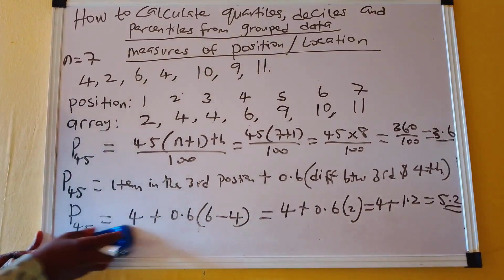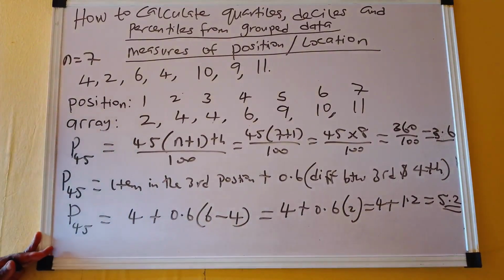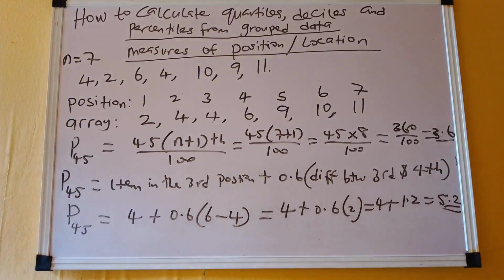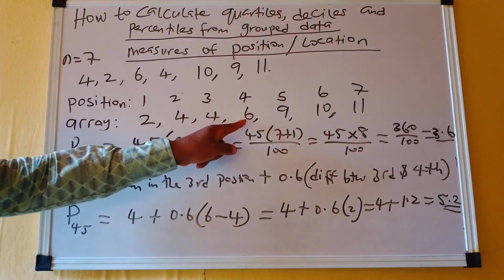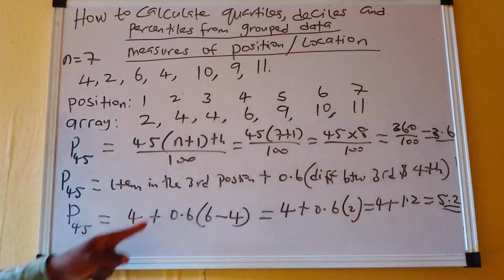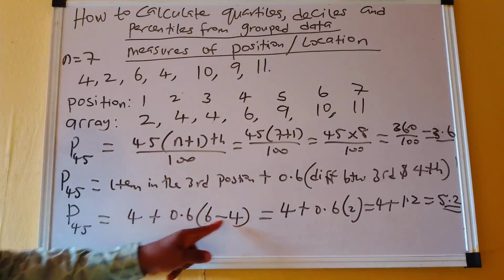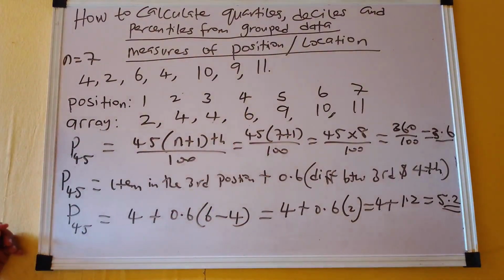So that is what we have for our P45. The item on the 3rd position is 4, then the one in between, the 0.6, is there.